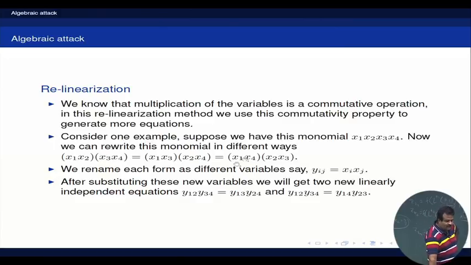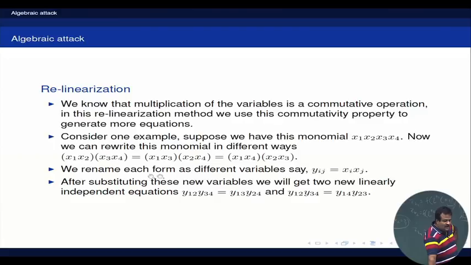So consider, for example, a nonlinear monomial x1 x2 x3 x4. Now we can rewrite this monomial in different ways, like x1 x2 times x3 x4, or x1 x3 times x2 x4, or x1 x4 times x2 x3.